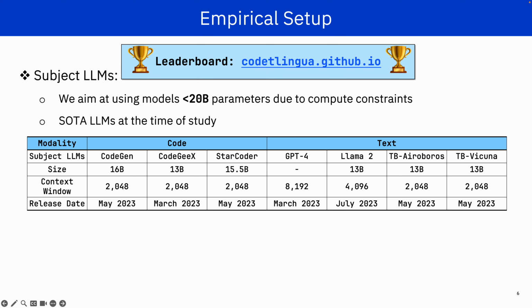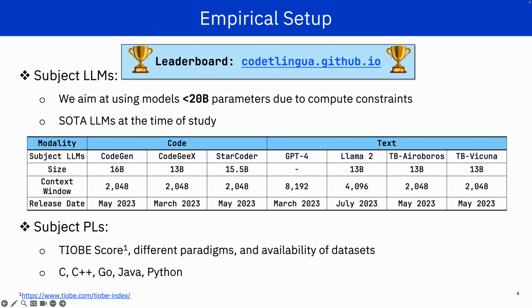More models have been added to our study after acceptance of this work, and please check out our leaderboard for an up-to-date list of models. As for the subject PLs, we considered C, C++, Go, Java, and Python.